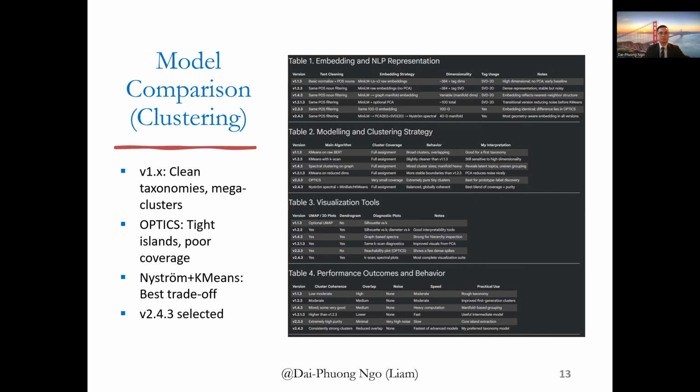The Nyström Spectral plus KMeans approach strikes the best balance. It covers the full dataset, preserves semantic structure, and produces clusters that align well with text. For that reason, version 2.4.3 is a version I would deploy.